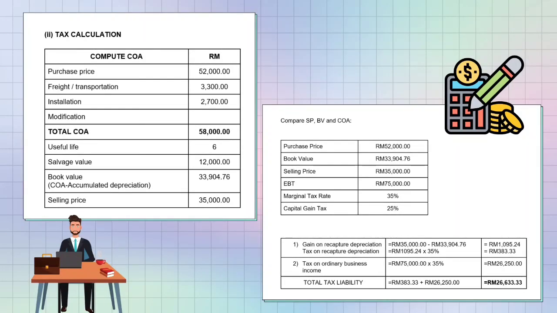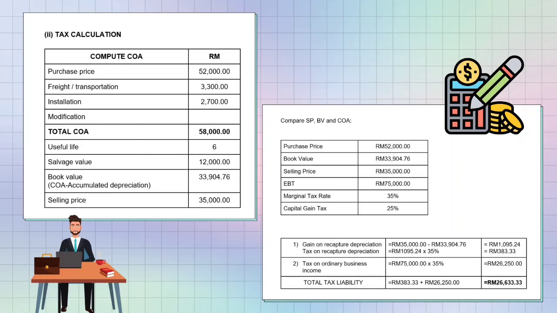Question 2. The statement says earnings before tax is Rm75,000, and the corporation tax rate is 35%, and capital gain tax is 25%. So for the tax calculation, these are the information we are provided. To get the total tax liability, first we calculate the gain on recapture depreciation, then use the answer to calculate the tax on recapture depreciation, and multiply by 35%, which is the marginal tax rate.